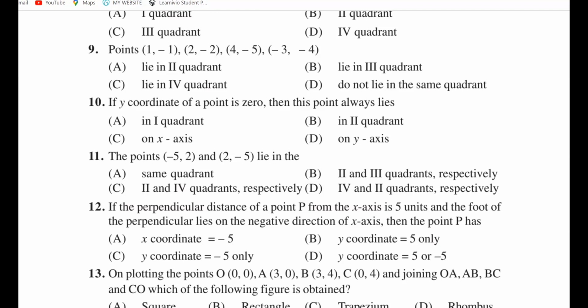Okay, question number 10, Rima. The answer for question number 10. It's x-axis. If the y coordinate of the point is 0, then the point lies on the x-axis. Yes, y is 0, so it lies on the x-axis. Very good. Question number 11.